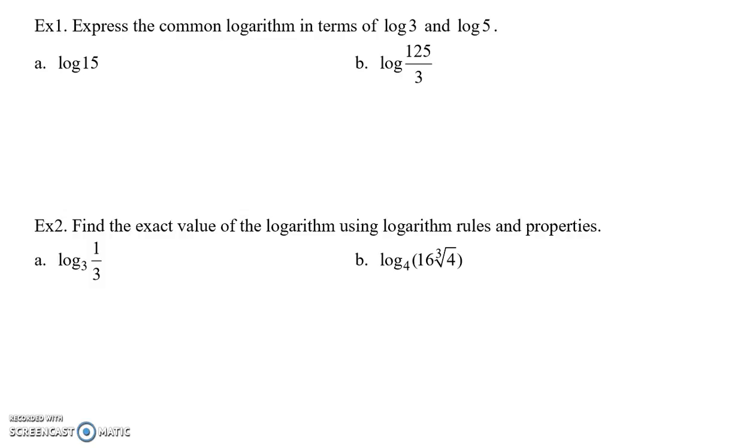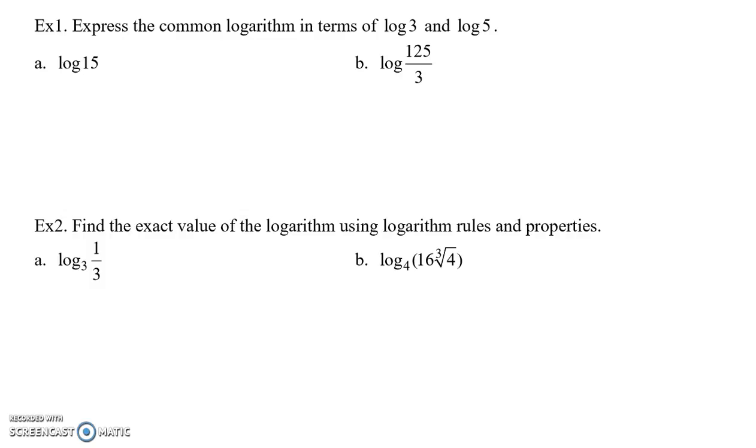Now let's look at some examples just to get a little bit more familiar with what we can do with logarithmic expressions. Example 1 says, express the common logarithm in terms of log of 3 and log of 5. We're not going to try to evaluate or approximate anything. We're just going to try to rewrite expressions to illustrate what we can do with some of the rules and properties of logarithms.